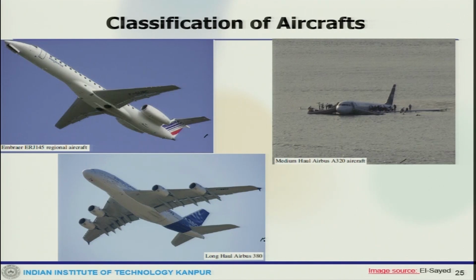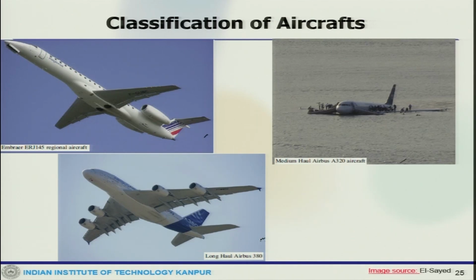There are only a few airports like Frankfurt, New Delhi, JFK that are capable of taxiing this kind of big aircraft, and also Dubai is one of them. There are only a few.